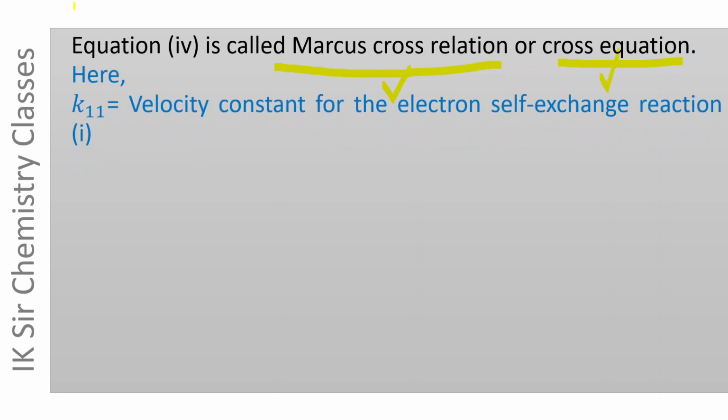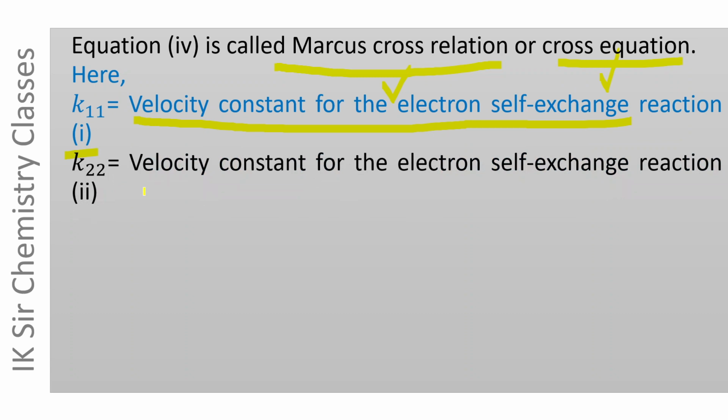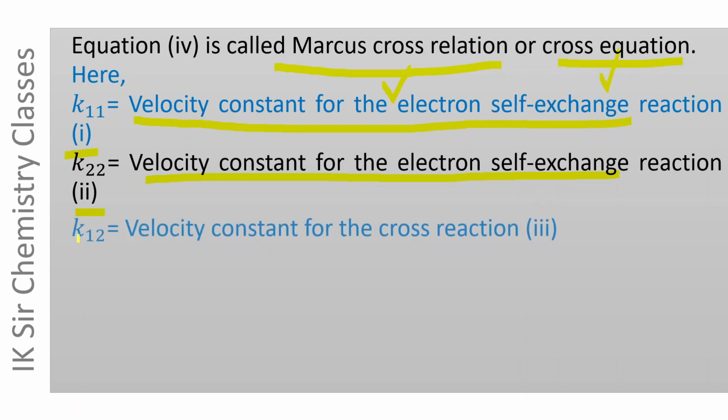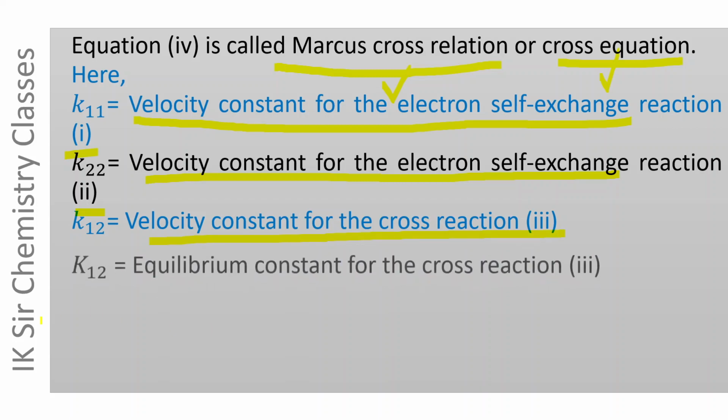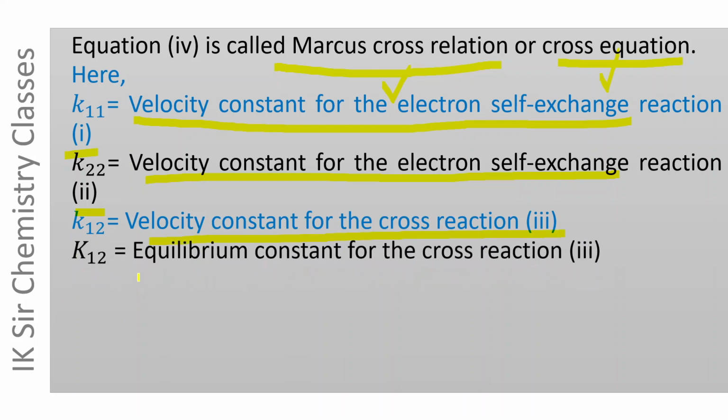Here K11 is the velocity constant for electron self exchange reaction number 1, and K22 is the velocity constant for the electron self exchange reaction number 2. K12 is the velocity constant for the cross reaction number 3, and capital K12 is nothing but the equilibrium constant for the cross reaction number 3.